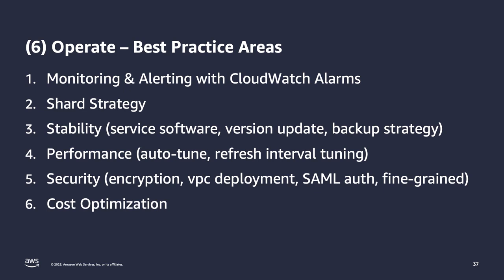So any configuration changes within Amazon OpenSearch Service are done through a blue-green deployment that will minimize the downtime, where the blue environment will still remain operational until the green environment has been successfully provisioned, has successfully replicated all of the data and is ready to serve traffic. And this is managed by AWS, so you don't have to manage the blue-green deployment yourself, but this is managed for you as part of the managed service.